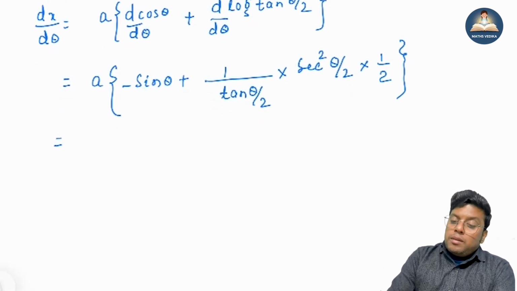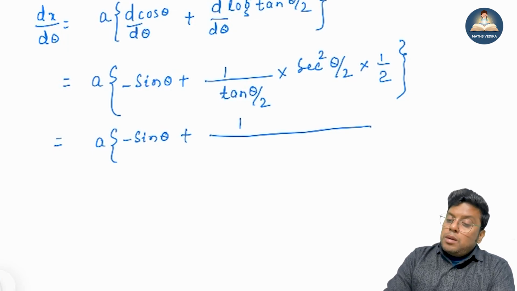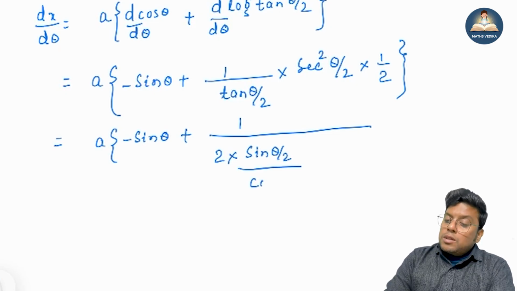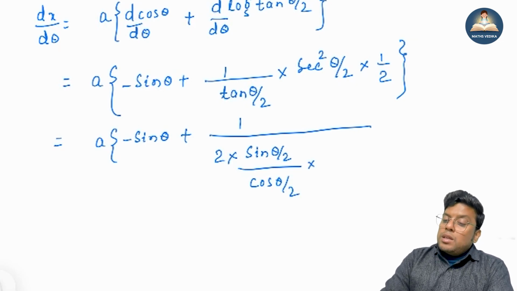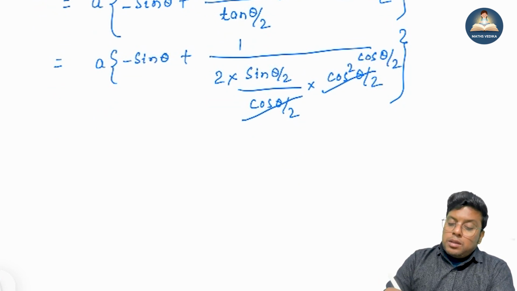so we'll get a into minus sin theta plus 1 by 2 tan theta by 2, which will be written as sin theta by 2 by cos theta by 2, and sec square theta by 2 will be written as 1 by cos square theta by 2. Okay, so this will become cos theta by 2.